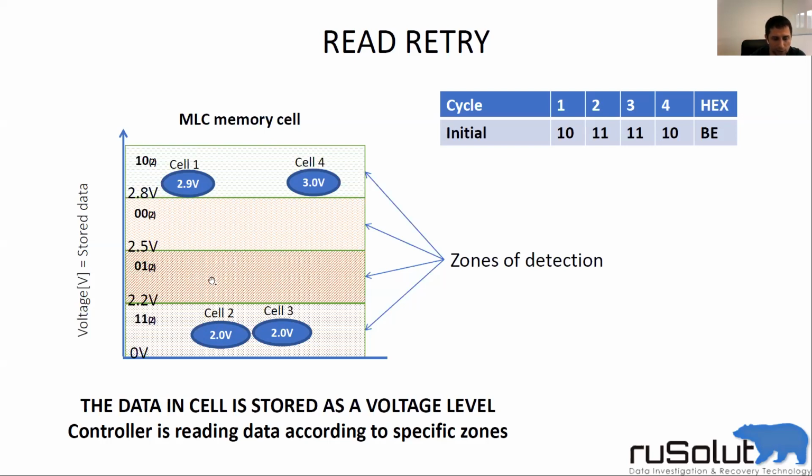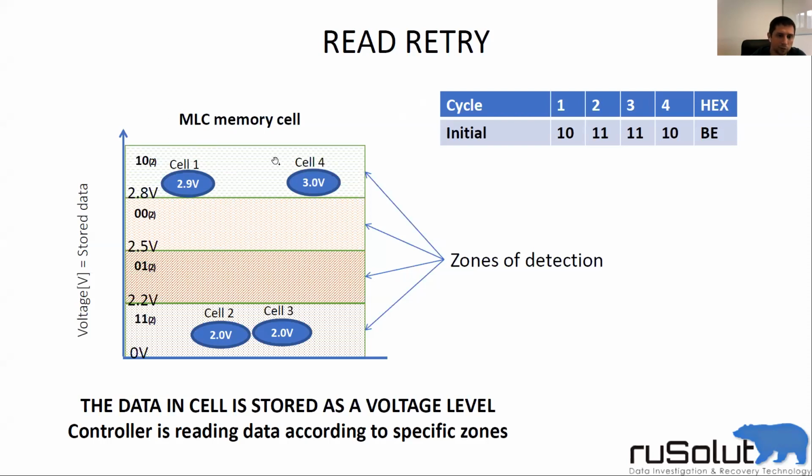If the memory cell has a bigger voltage, it will be 0 1, then 0 0, and for example, if it has the highest voltage, 2.9, the data is 0 1. It's the structure of MLC memory, where one memory cell may have 2 bits inside.